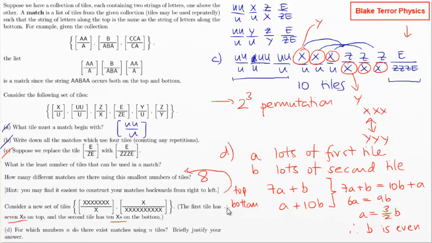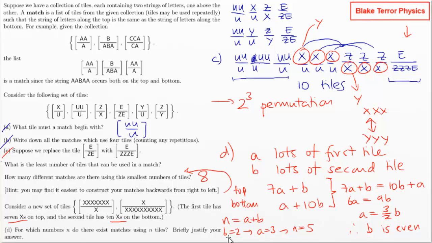Right, so now what are we trying to do? We're trying to work out n. So which numbers n do there exist matches? So B is even, so say B was 2, then A would be 3. So n is equal to A plus B. B equals 2 means that A is equal to 3, means that n is equal to 5.